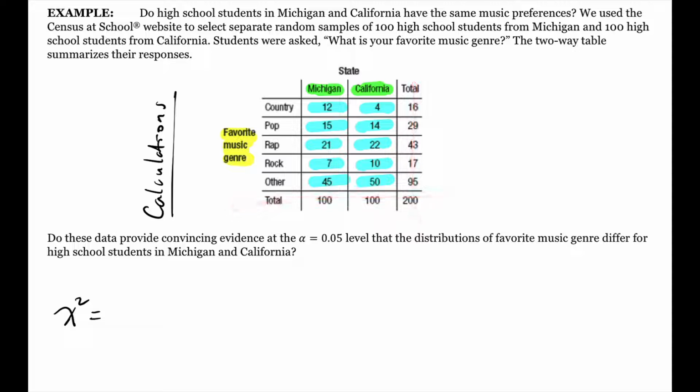Okay, so there are 10 cells. Those blue ones are the observed. That was what actually happened. There were actually 12 students in Michigan who said their favorite music was country. There are actually 22 students in California who said their favorite genre of music was rap.